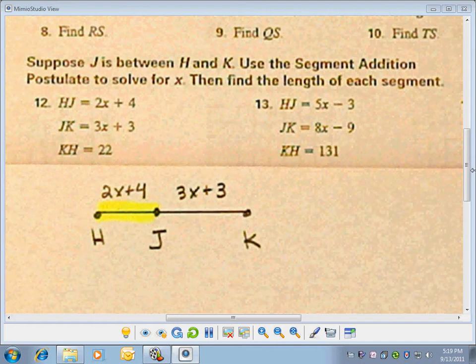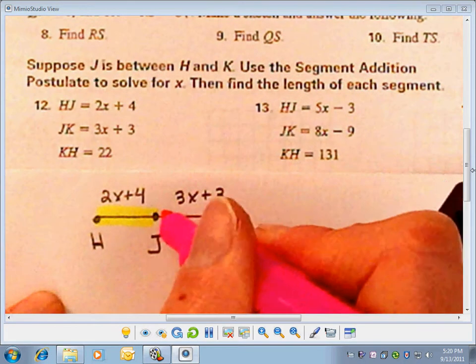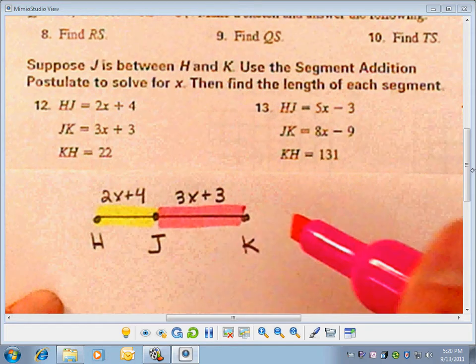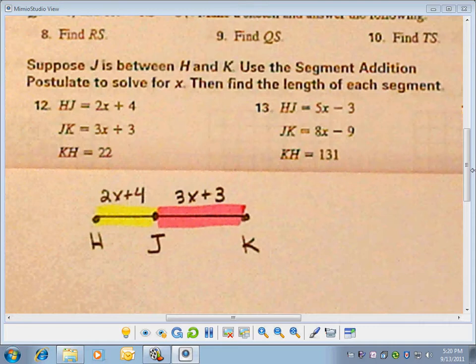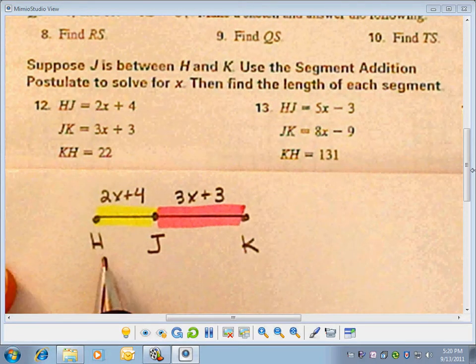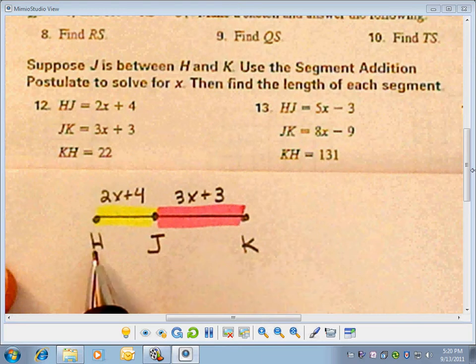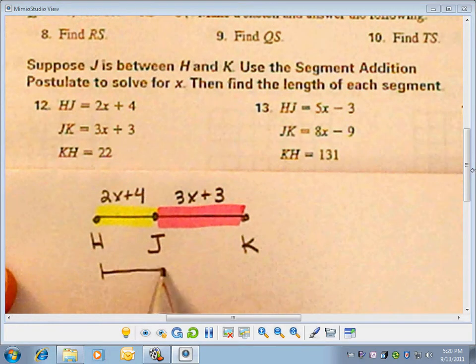That's the other distance. Okay. And it also tells me that the entire distance from K to H, or H to K, this entire distance is 22.